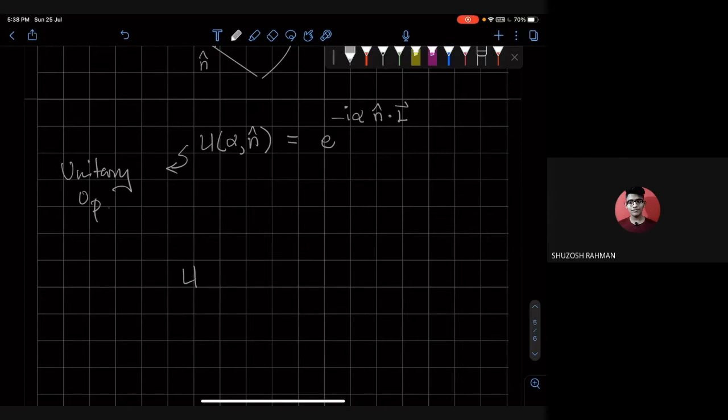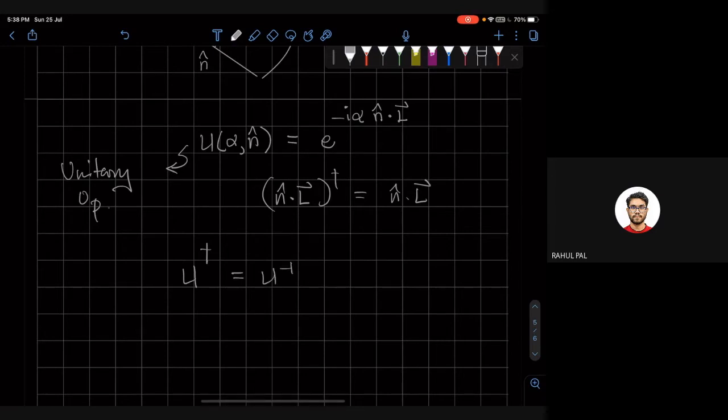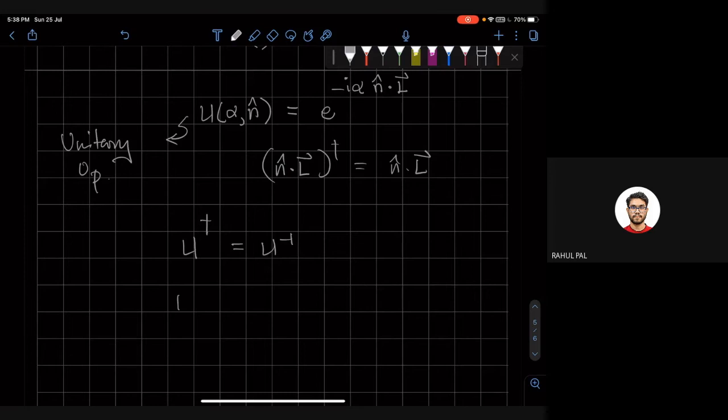We all know what Hermitian is. Hermitian is, if I take its dagger, it'll be the same operator. That's Hermitian. What about unitary? If I take the dagger of a unitary operator, what do I get? Wasn't it U to the minus 1? Great. So unitary operators satisfy this equation.